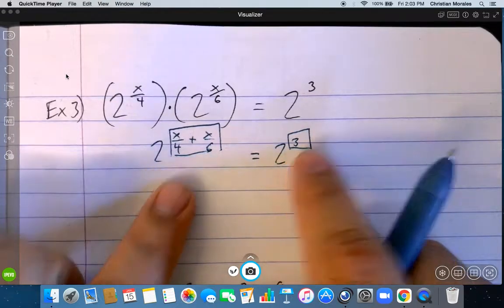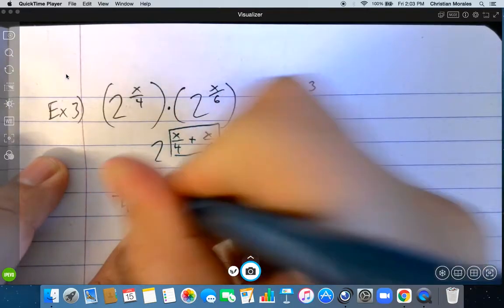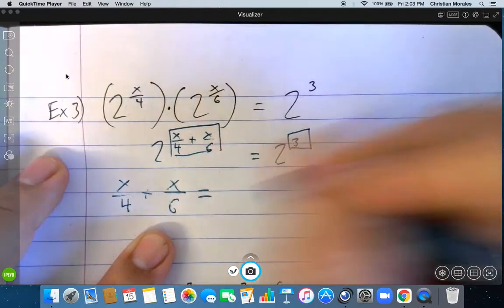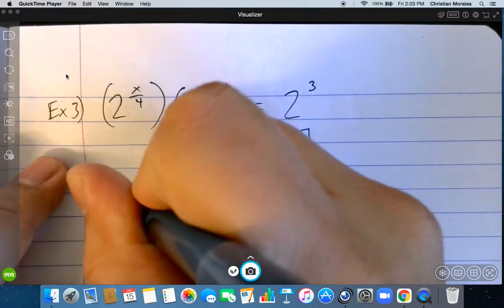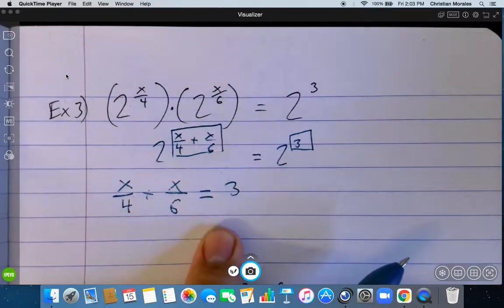How do you write that? x over 4 plus x over 6 equals 3. So that becomes our new problem. We're going to solve for x using this equation.